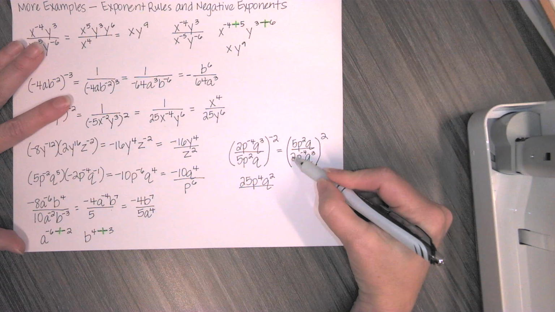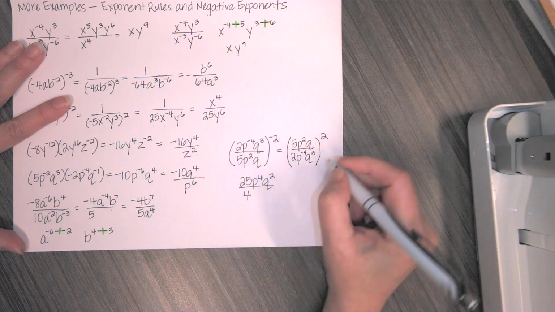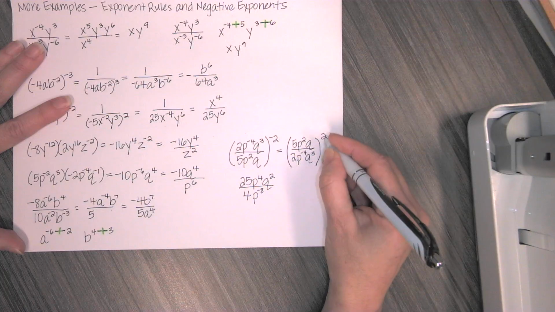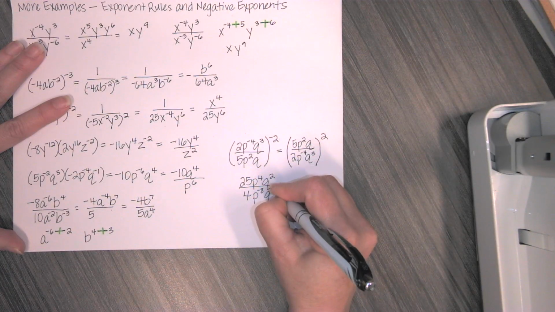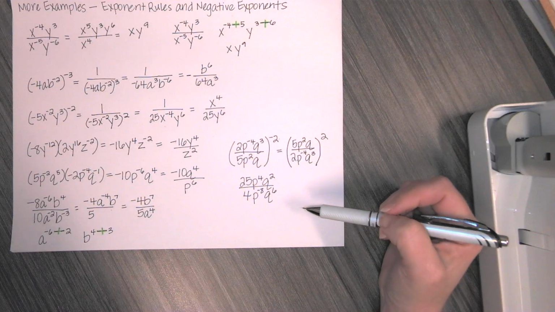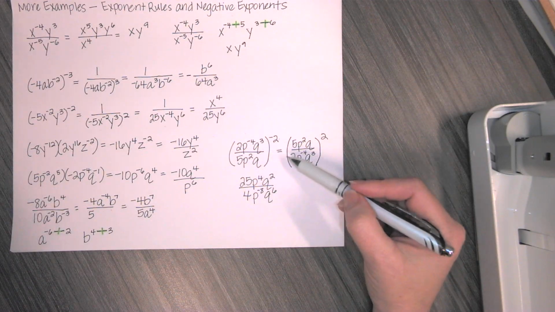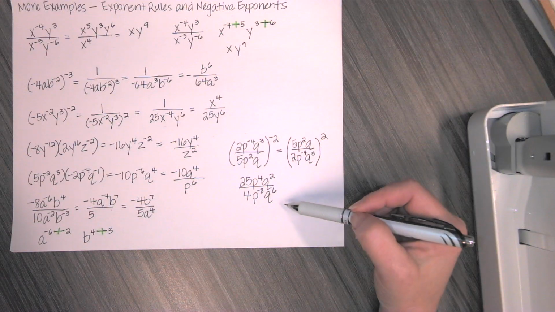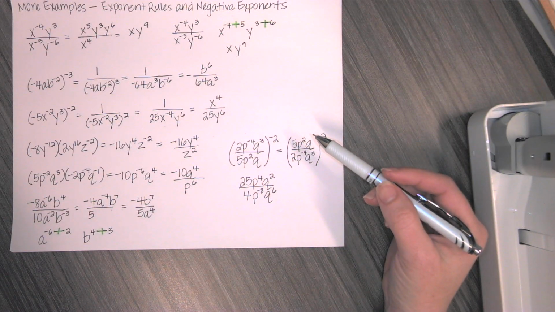On the bottom, 2 squared is 4. Power to a power, we multiply. Okay. All of the same things have to get taken care of no matter what order you go in. So we're all going to have to do the same steps. It just depends what you want to do first.